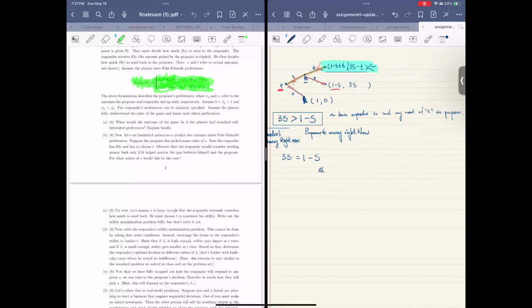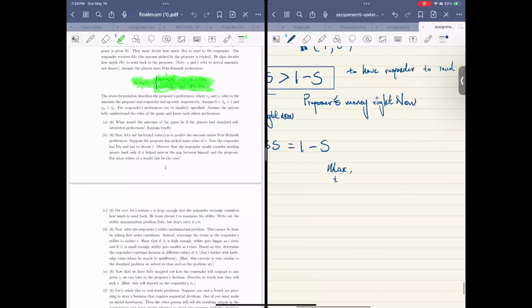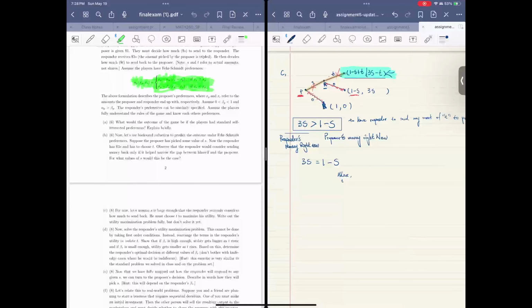So what's my utility, under the condition that I have to send some amount of T to the proposer, as the responder? Max over T. And what's the utility? Beta of what?